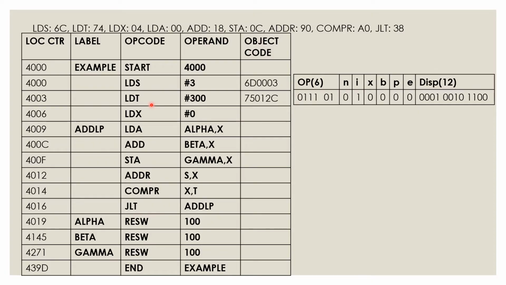Opcode LDT value is given as 74. The value of 7 is 0111, and for 4 we consider only the first 2 bits, that is 0 and 1. Since #300 is the immediate addressing mode, the n value will be 0 and the i value will be 1, and the x value will be 0 and the e value will be 0 because it is format 3.